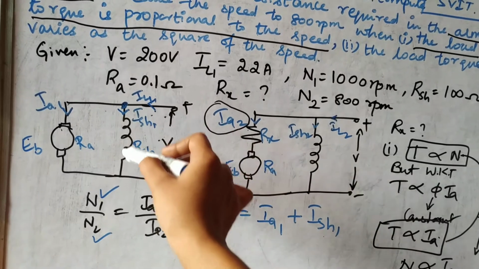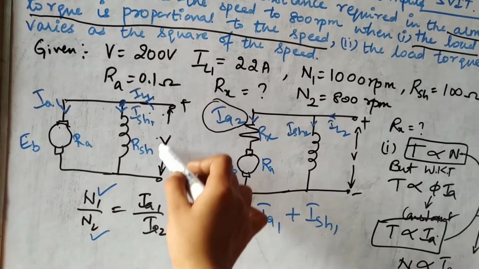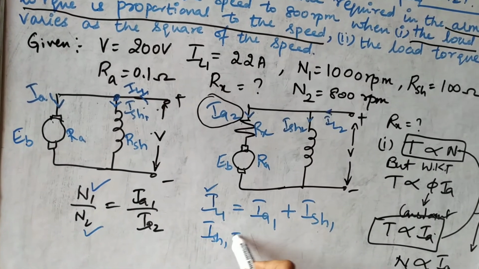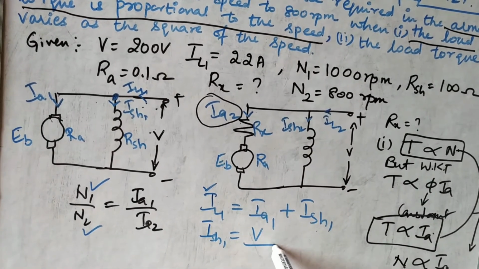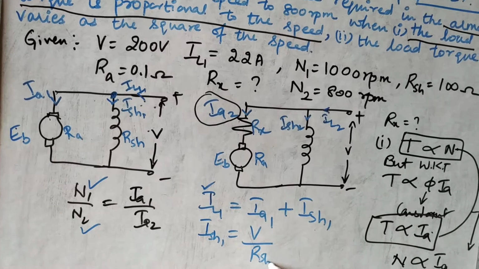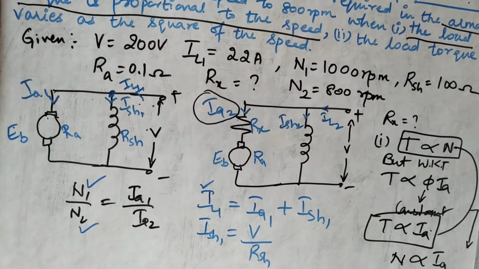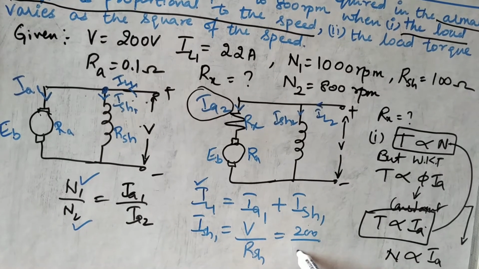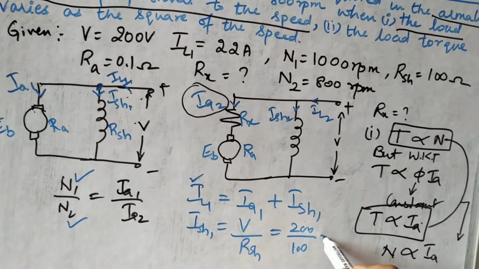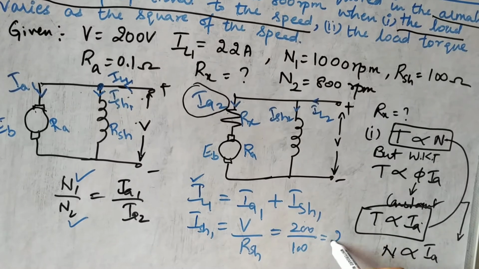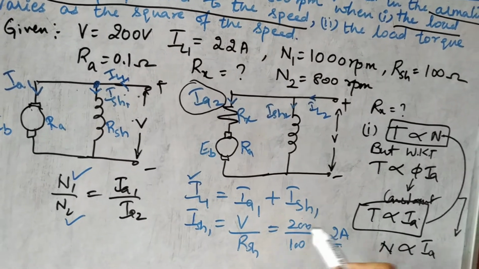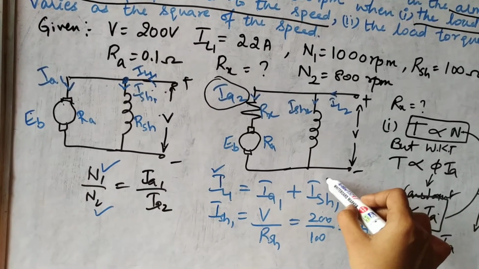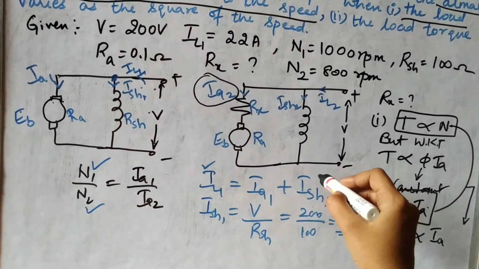According to Ohm's law, it's very simple to solve: I shunt 1 is equal to the supply voltage divided by the R shunt value. So substituting 200 divided by R shunt as 100 leads to 2 amperes. So we got I shunt 1 as 2 amperes.